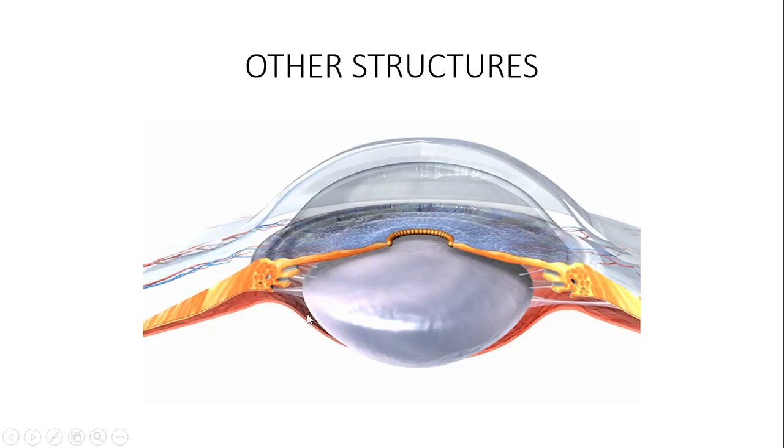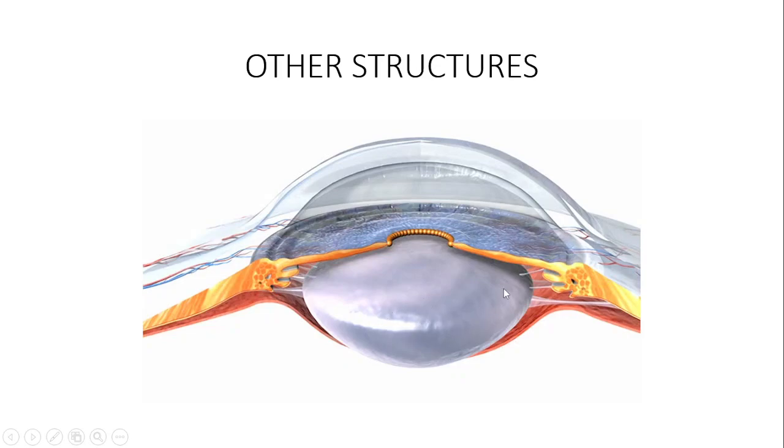So you realize that they look like ropes that are attaching the crystalline lens to the ciliary body. So this is the crystalline lens, okay?